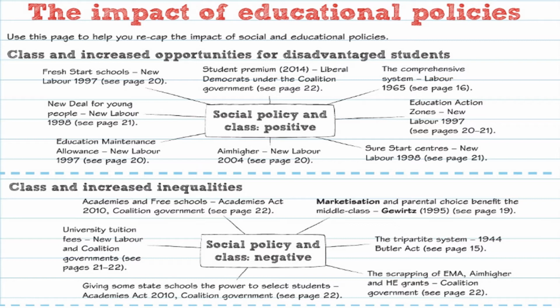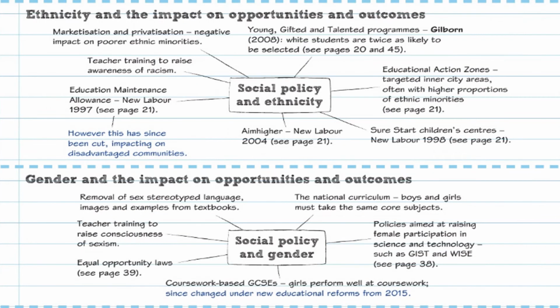By contrast, as you can see, a lot of the policies from the 79 to 97 Conservative rule, and since 2010 a lot of the positive policies have been removed and revoked. Similar story in terms of ethnicity and gender. So again, it's worth recognising when we talk about policies, we also build those connections to those core variables like class, gender and ethnicity.